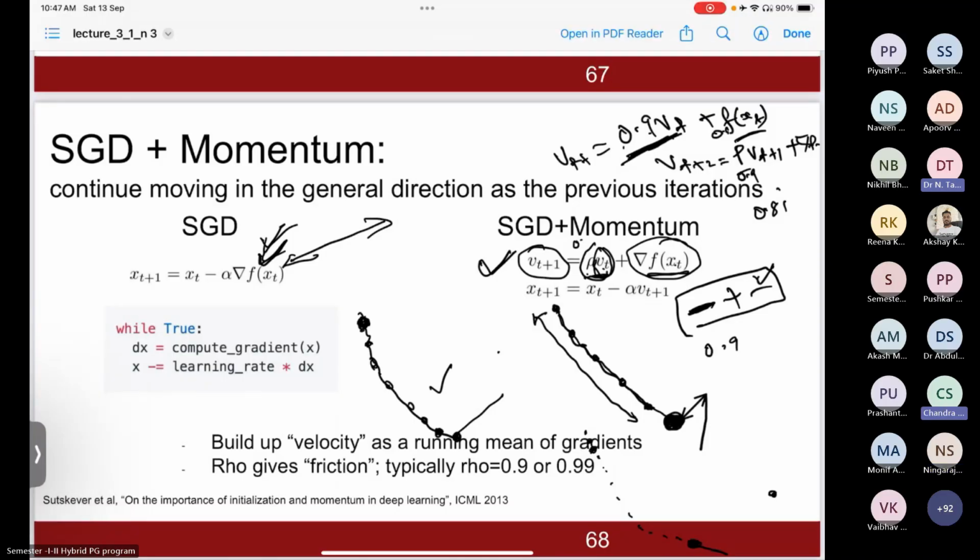Sir, could you please re-describe what this learning rate is doing? Yeah, I'll come to this. We have one more slide for this learning rate, but we already have discussed this. Learning rate is controlling the speed, controlling the change. When I gave the example of the numerical gradient, we tried to get how this alpha is working.